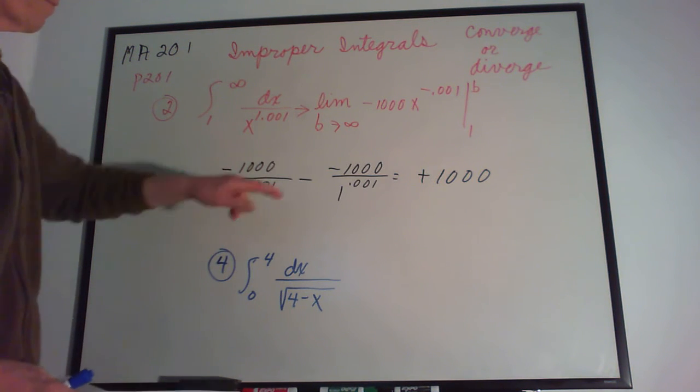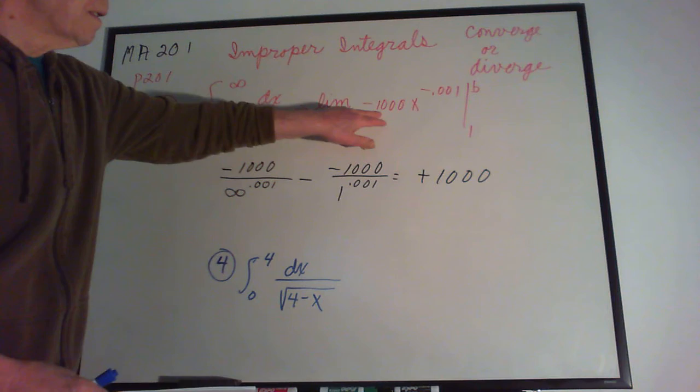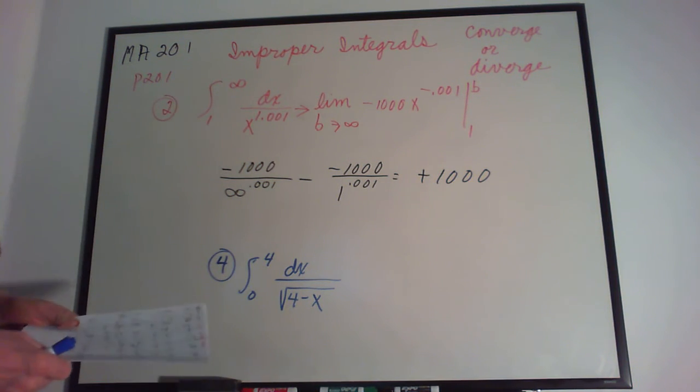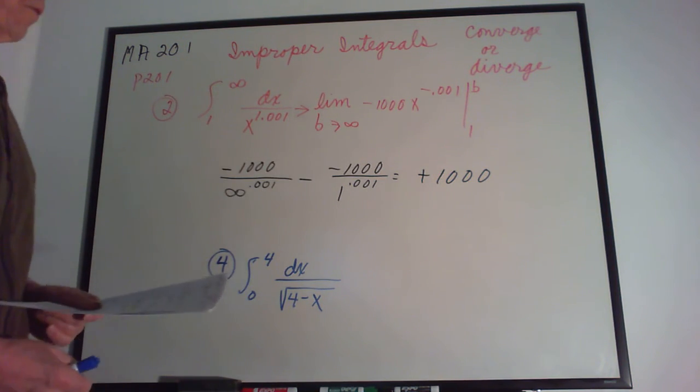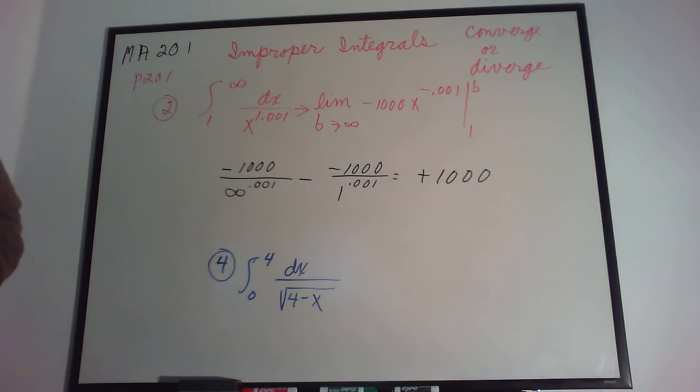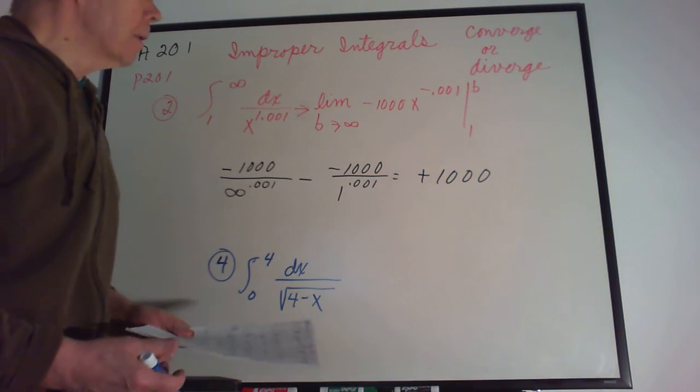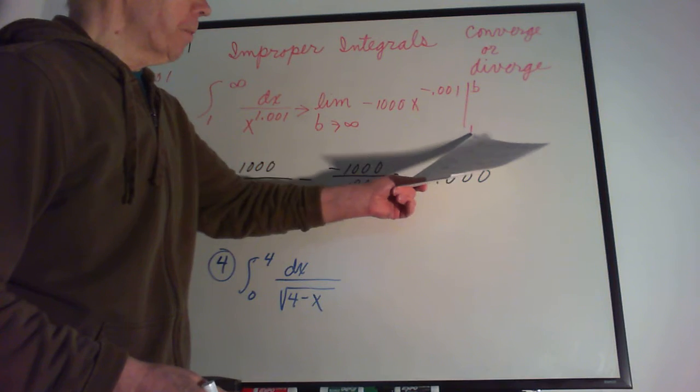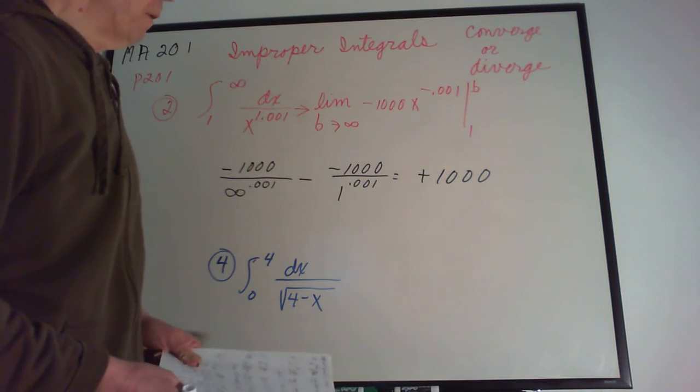All right. So you integrate it, you'll end up with this. Want to know what happens as b goes to infinity. So the upper limit is b, the lower one is 1.